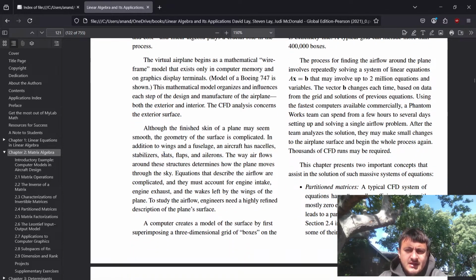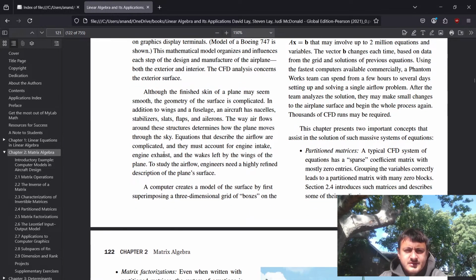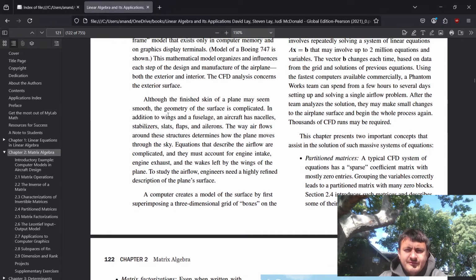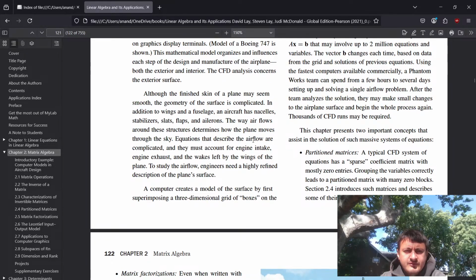The CFD analysis concerns the exterior surface. Although the finished skin of a plane may seem smooth, the geometry of the surface is complicated. In addition to wings and a fuselage, an aircraft has nacelles, stabilizers, slats, flaps, and ailerons. The way air flows around these structures determines how the plane moves through the sky.